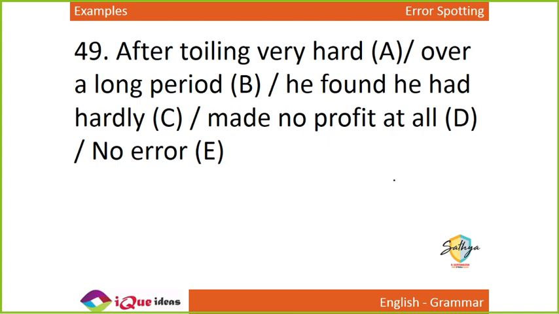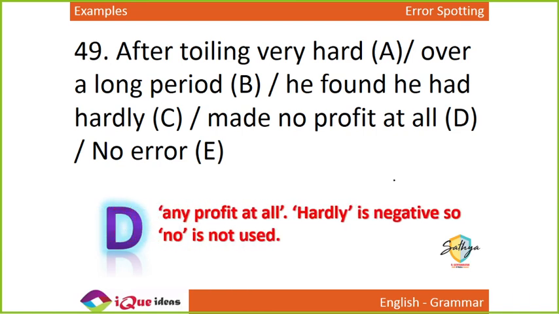Hardly no profits is wrong. Hardly any profit. So, after toiling very hard over a long period, he found he had hardly made any profit at all. With hardly, the word no cannot be used. He had hardly made any profit, or he had hardly made a profit at all. Any or a, either one of them can replace the no. But with hardly, we cannot use no, it becomes a double negative, which is wrong.